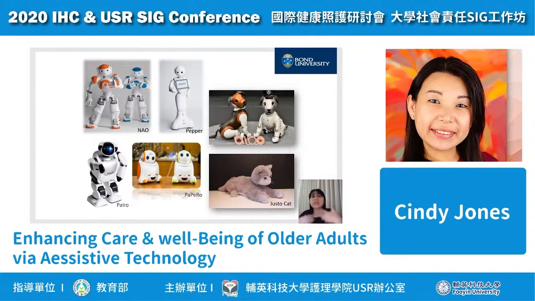Okay, so these are some of the social robots. By no means is this an exhaustive list of social robots. There are a lot more, and as technology improves, more and more different types of social robots are being introduced.